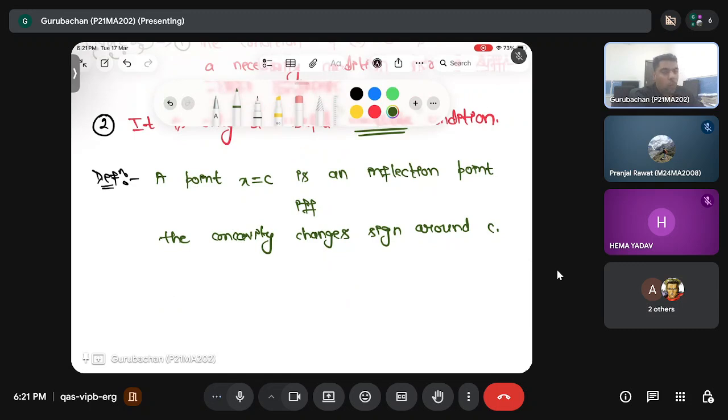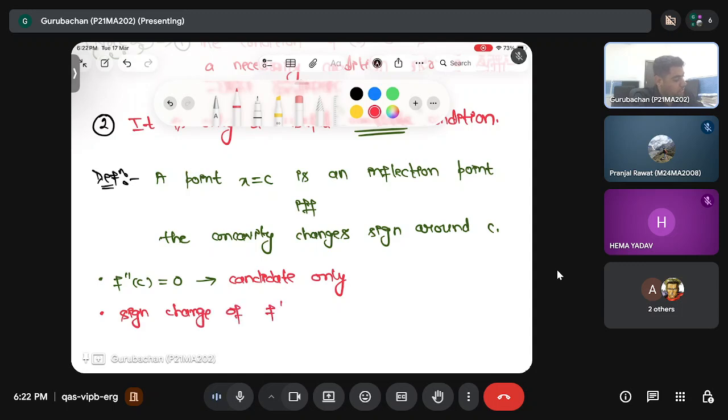Now, what is the role of f double dash c equal to 0? Suppose you get some c for which this double derivative is 0. This will provide you a suitable candidate only, to check whether the concavity changes around that point or not. So the next target should be the sign change of f double dash.